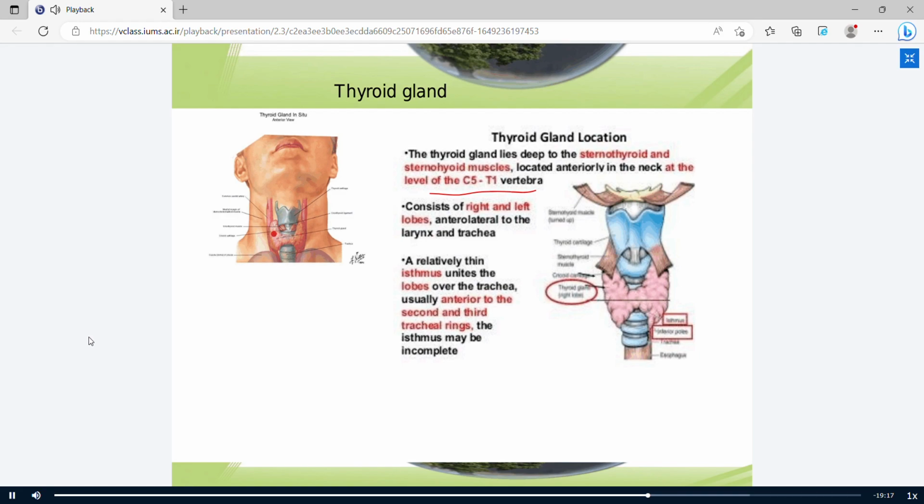The thyroid gland has 2 lobes, right and left or lateral lobes. The lateral lobes join together at the midline and form the isthmus. This is the isthmus part. The isthmus is located anterior to the second and third tracheal rings. It's very, very important. You should know about the isthmus relationship with the second and third tracheal rings.